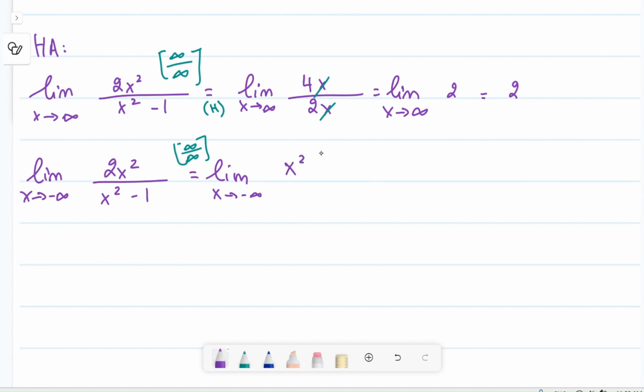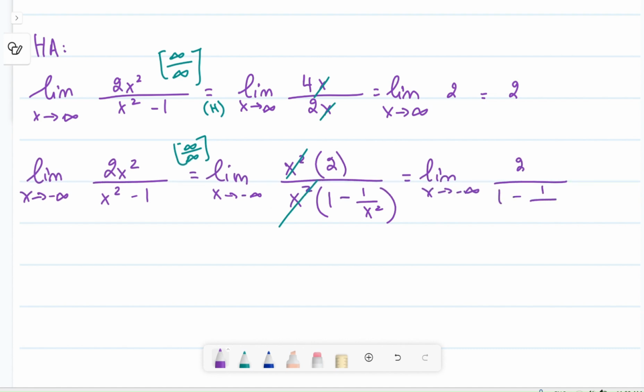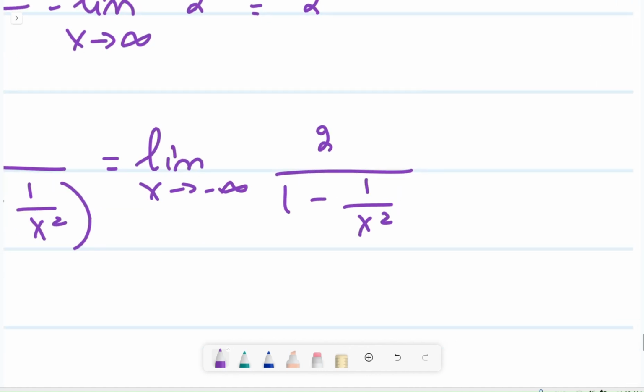So x squared, we take it out, we are left with a 2, and at the denominator we take x squared out. We are left with a 1 minus 1 over x squared. So then we cancel the x squared and the x squared. This leaves us with the limit of 2 divided by 1 minus 1 over x squared.